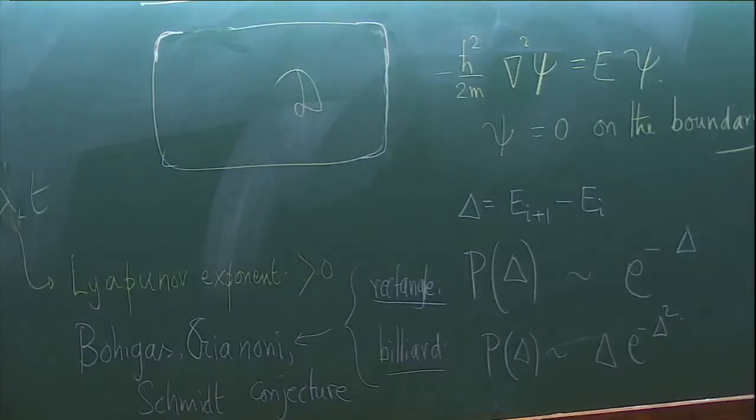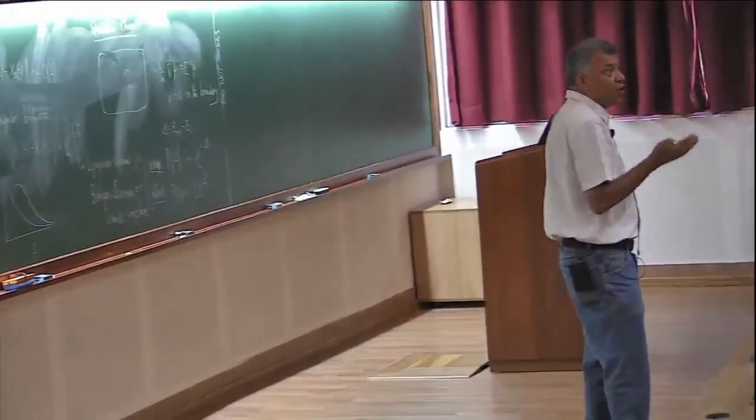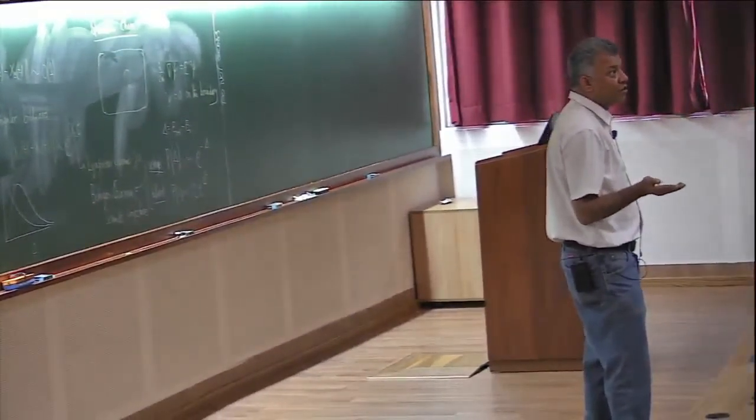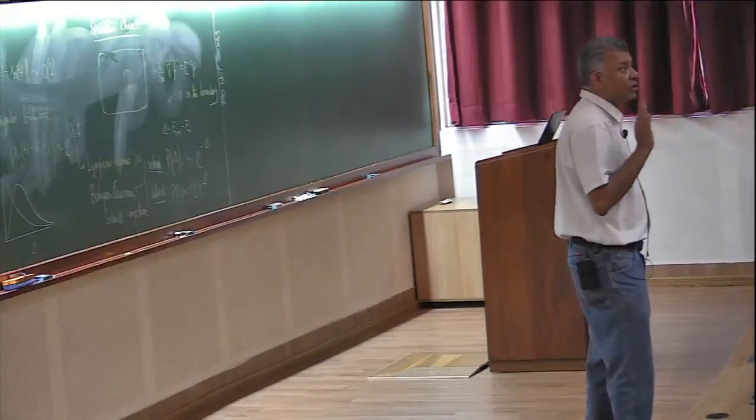The theory of quantum chaos says that to detect the signature of chaos, you should look at the spectrum. And if the spectrum looks like that of a random matrix, then you know that this is a chaotic system. That's the conjecture of BGS.